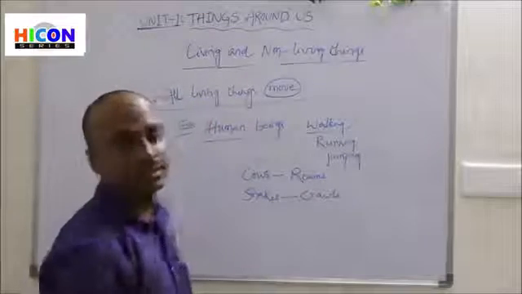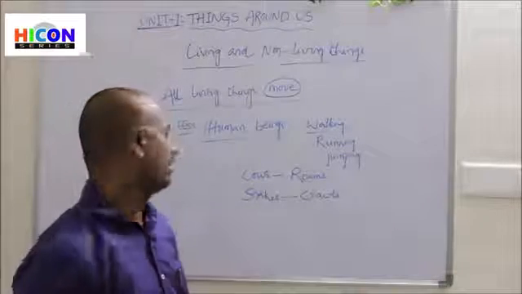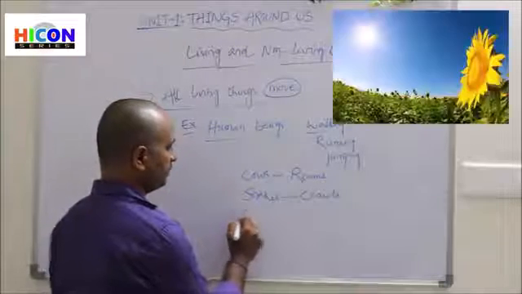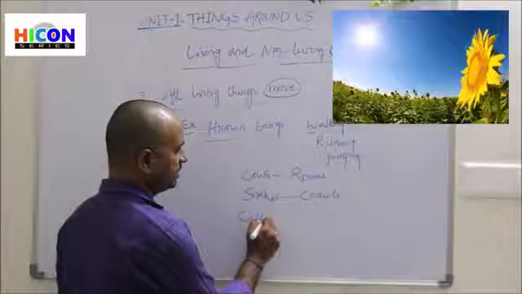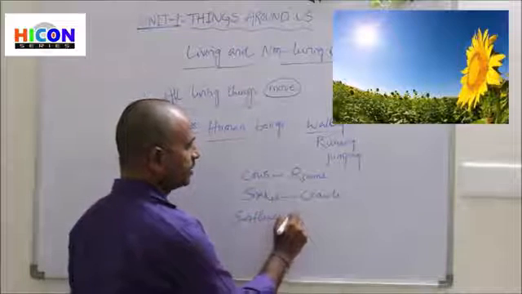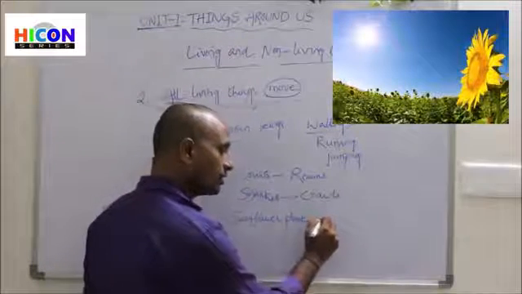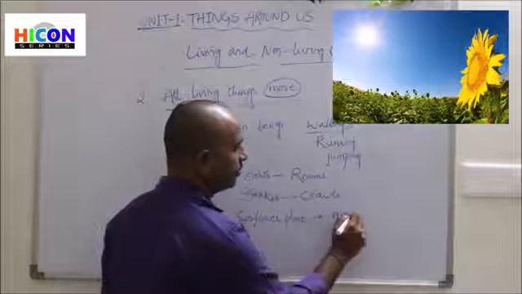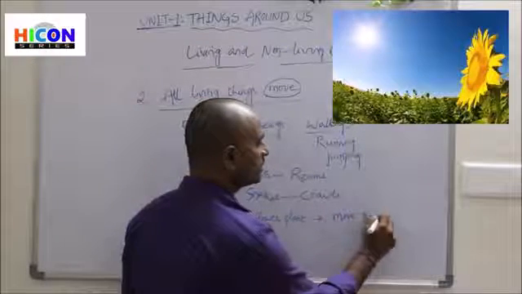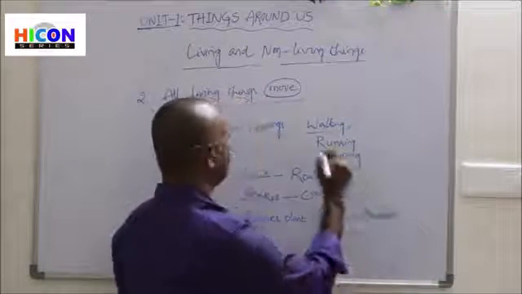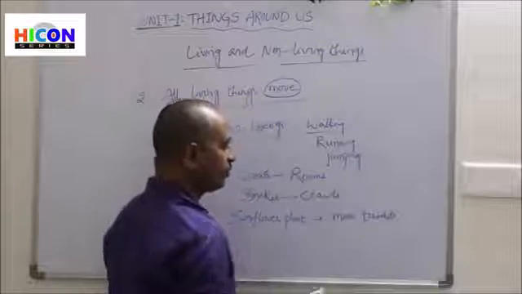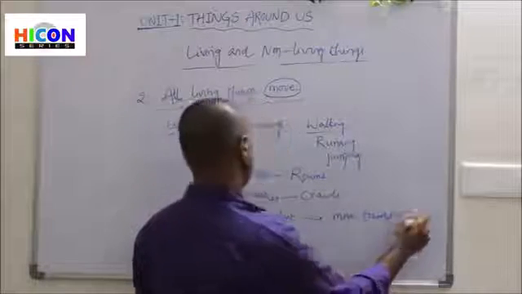And if you consider some plants, like a sunflower plant, it will move towards the sun. So in this way, every living thing will move from one place to another place.